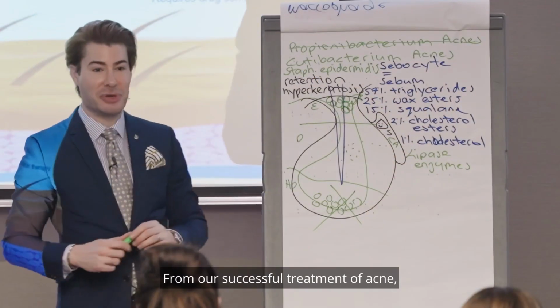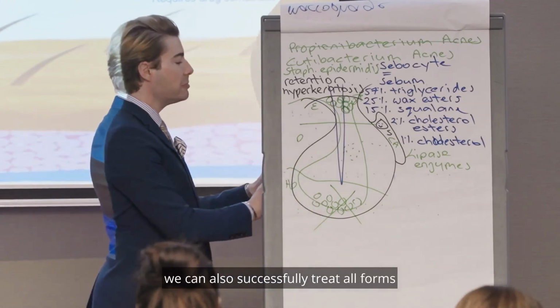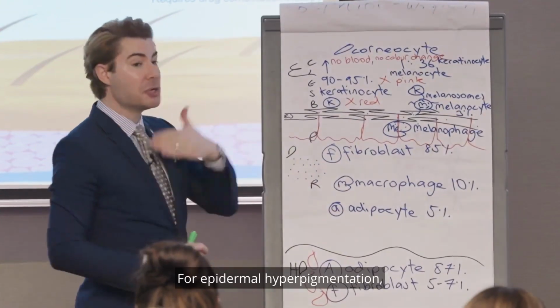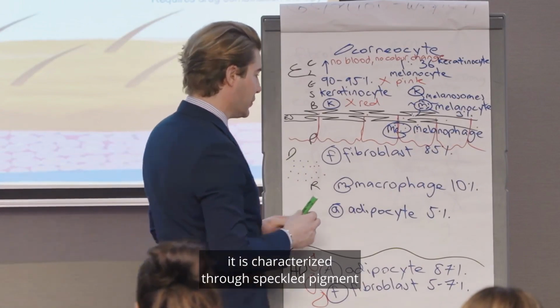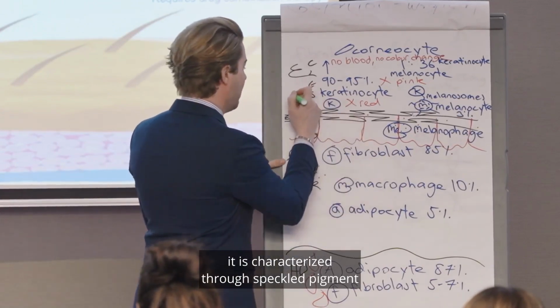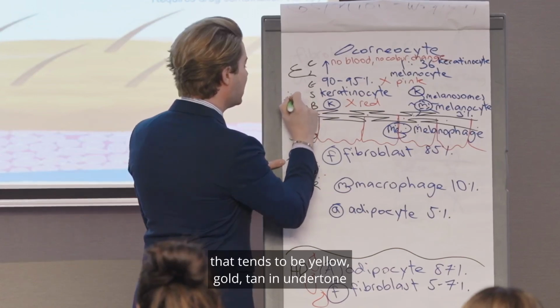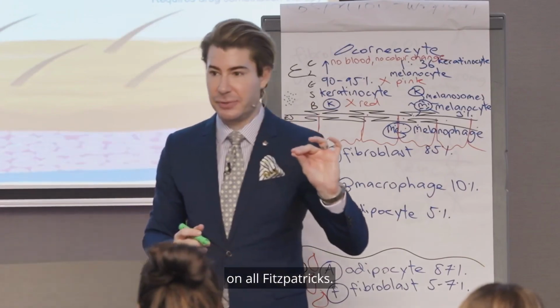From our successful treatment of acne, we can also successfully treat all forms of hyperpigmented conditions. Epidermal hyperpigmentation is characterized by speckled pigment that tends to be yellow, gold, tan in undertone on all Fitzpatricks.